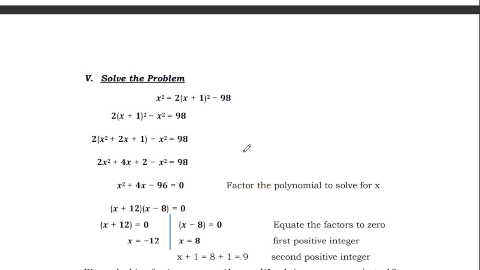In this case, involving this 98 here, we have to make use of plus 98 here.